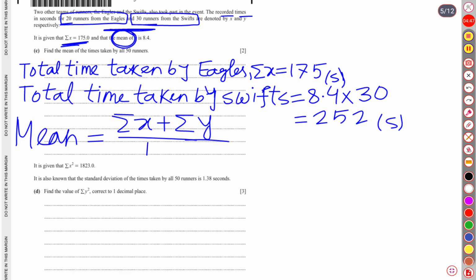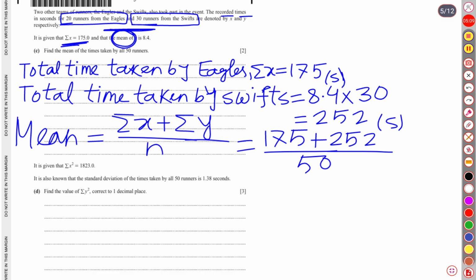We may write here N. If we substitute the values, it is 175 plus 252, divided by the total number of runners, which is 50.